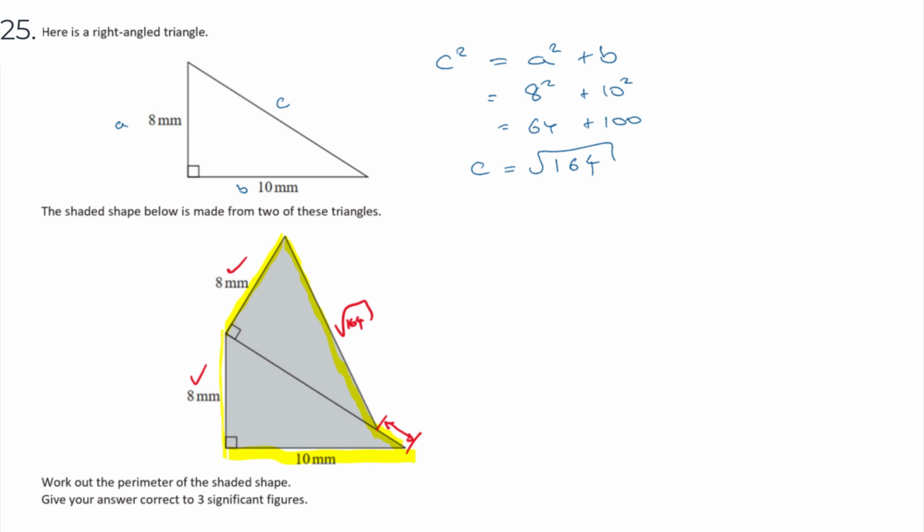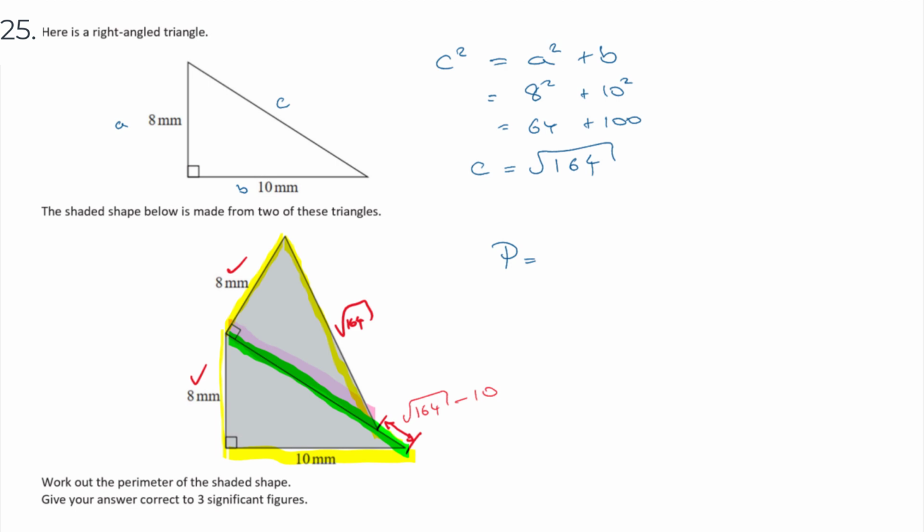If you think about it, that length there is the difference between the hypotenuse of our triangle, which we know is root 164, and this side of it, the side which is 10. So in other words, that little bit there is root 164 minus 10.